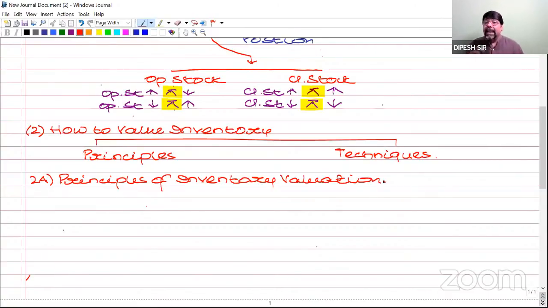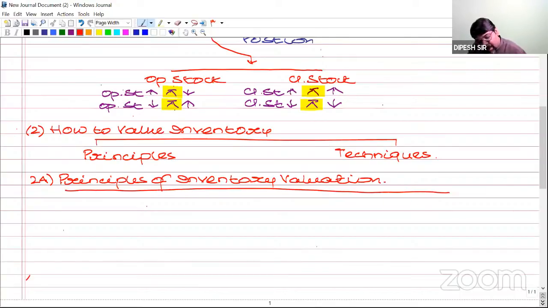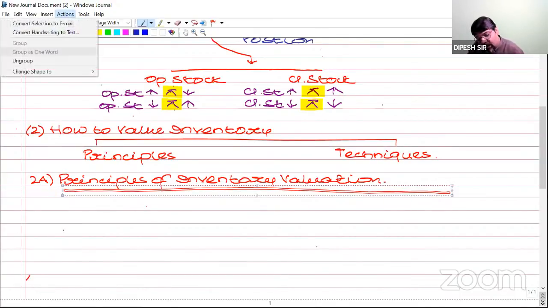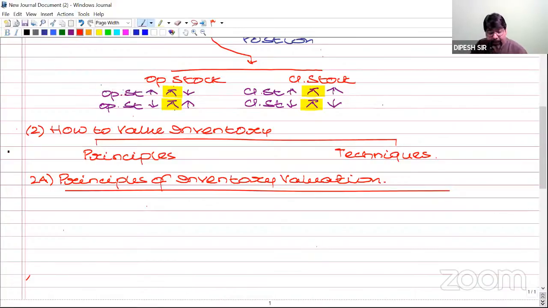Now, chartered, inventories are of how many varieties? 3. What are those 3 varieties? Raw material, work in progress, finished goods. So let's see how inventory governs the valuation of all 3: raw material, work in progress, and finished goods.